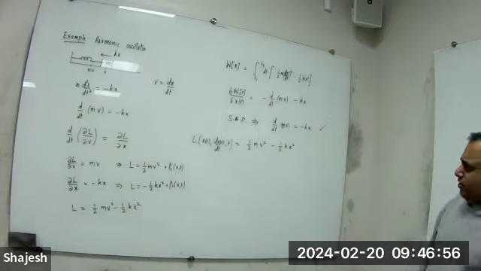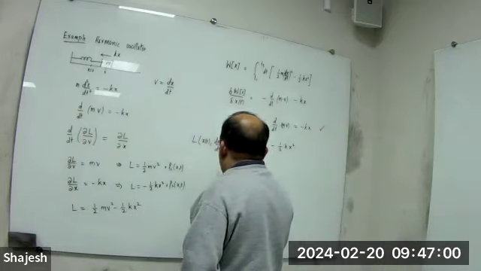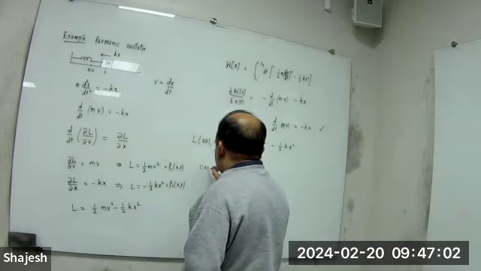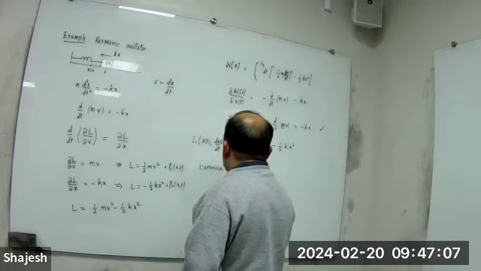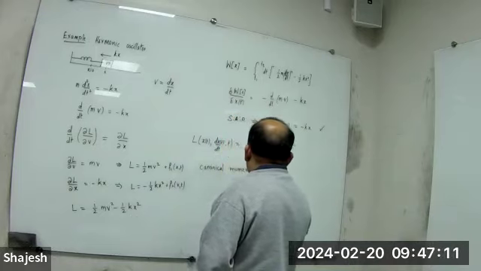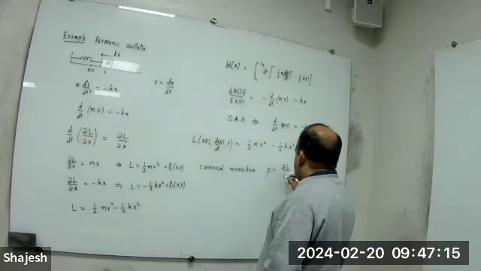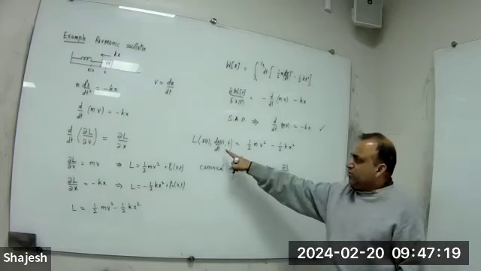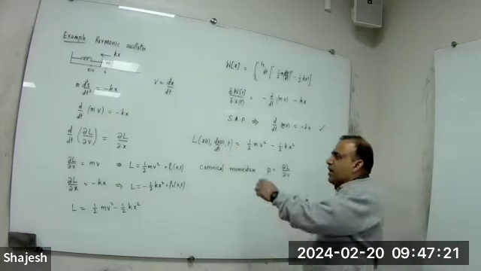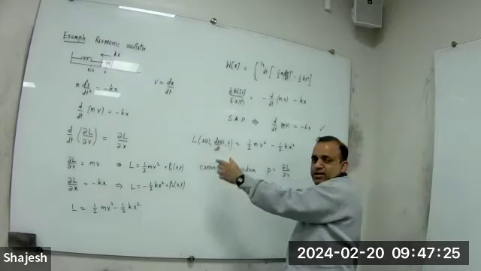The moment you have a Lagrangian, you can define what is called a canonical momentum, P, which is dL by dV, where V is dx by dt. So pretend that x and the derivative of x are independent variables.